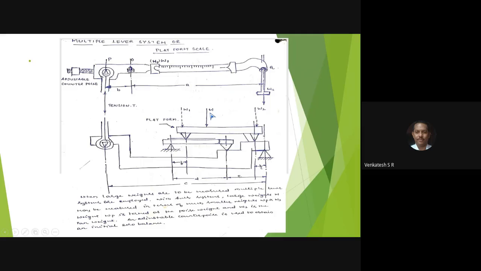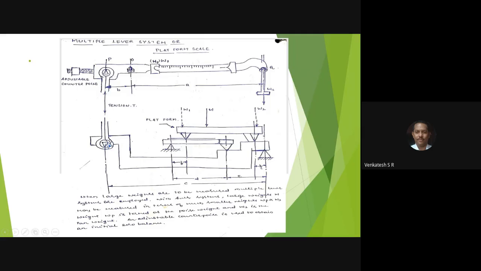Anywhere on the platform, if you keep the unknown mass, maybe 50 kgs of rice or 50 kgs of wheat or anything, that exerts force on this lever. In turn, this lever exerts force on the main lever.